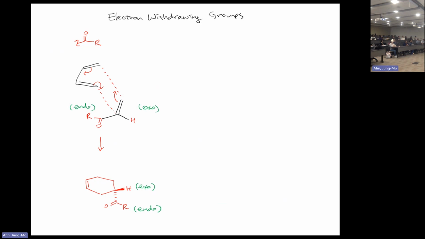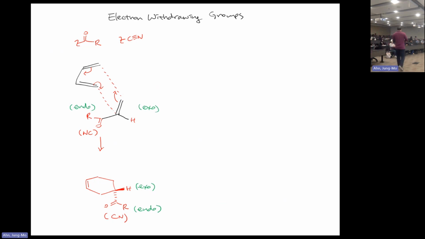We observe the same thing with another electron withdrawing group with a pi system, something like the nitrile. The nitrile, with its carbon-nitrogen triple bond, is clearly a pi system. When we test that, we expect the same secondary interaction with the pi system, so we expect the nitrile to be in the endo position too.